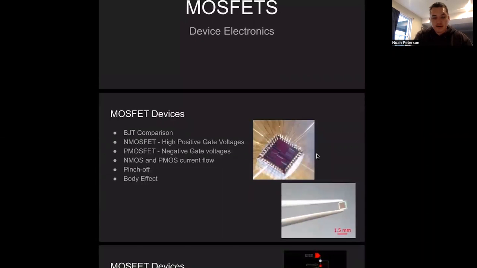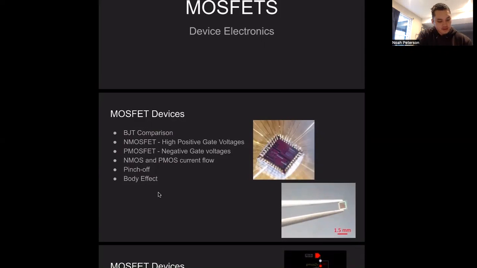Specifically, there are two types of MOSFETs, NMOS and PMOS. NMOS have to have a high positive gate voltage to yield a conducting current, and PMOS have to have a high negative voltage to do the same.